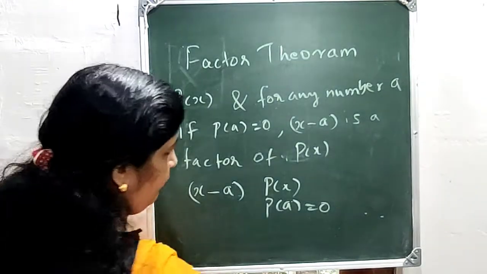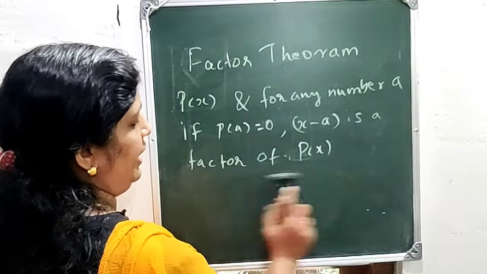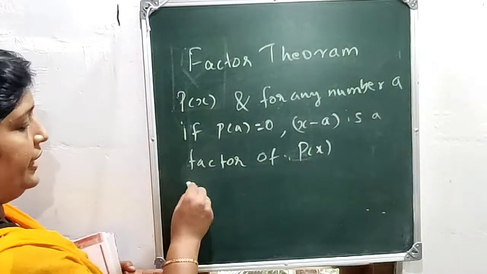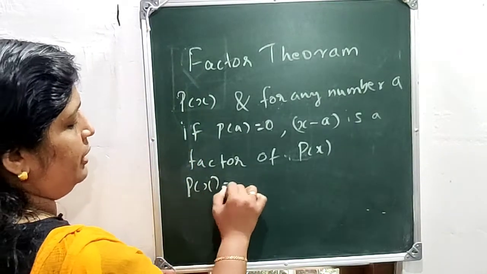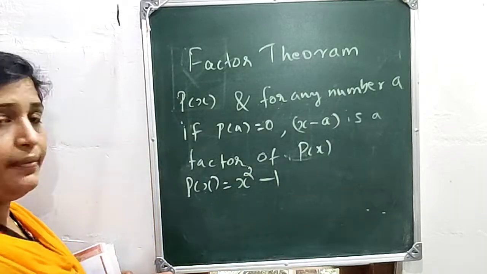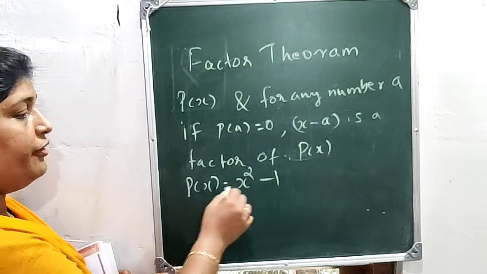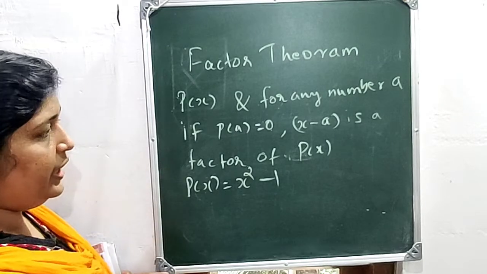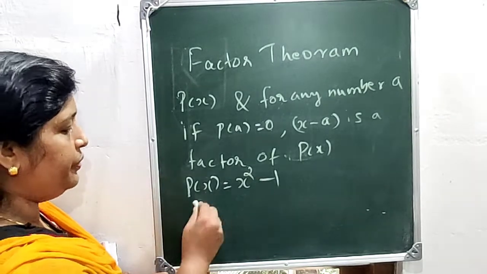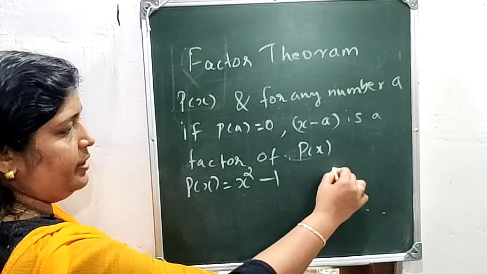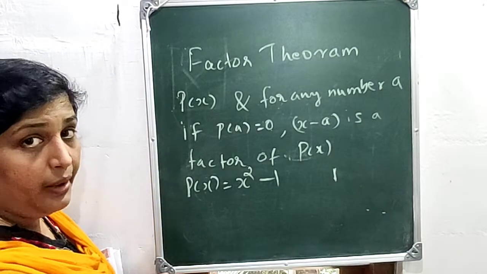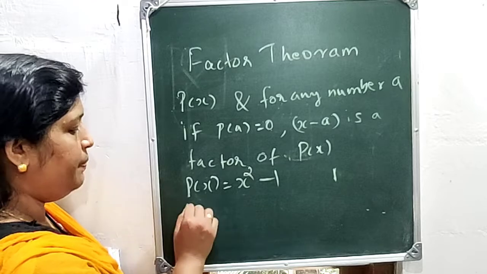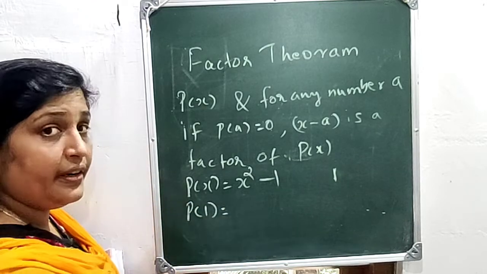If we take any number like this, we can explain it. For example, P of x is equal to x square minus 1. Here I am going to take the number 1. What is P of 1?